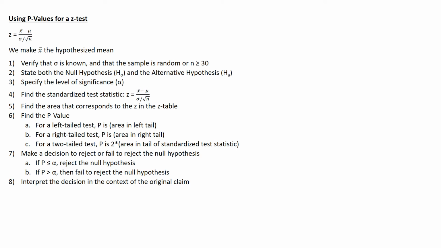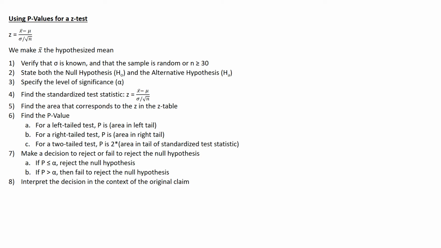Now, we can use a z-test also. We have to make sure our sample is 30 or more, or that it is a normal distribution. We state the null and alternate hypothesis. And remember, the null hypothesis has the equality statement: equal to, greater than or equal to, less than or equal to. An alternate hypothesis has the less than, greater than, or not equal to.